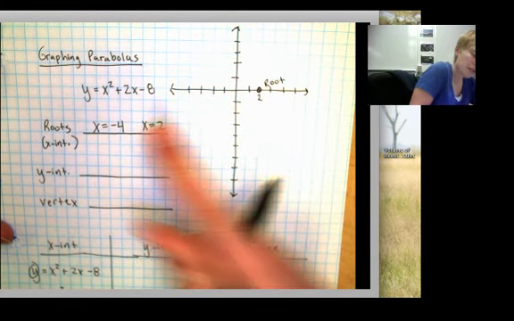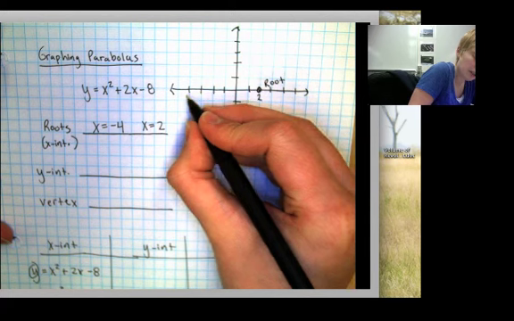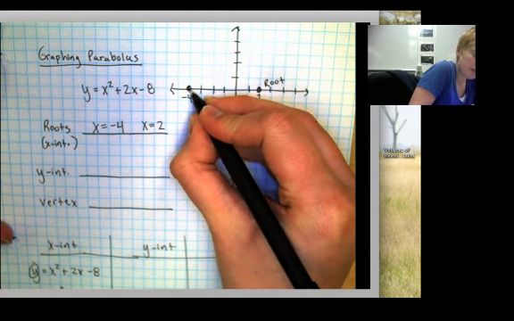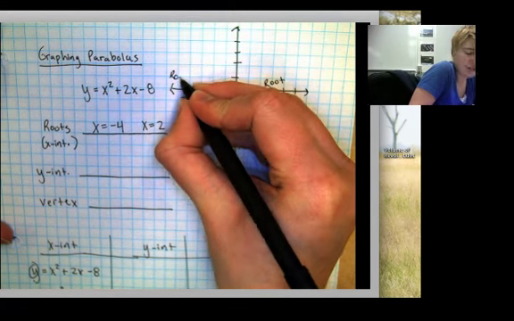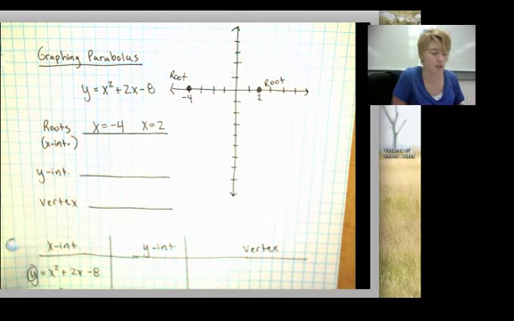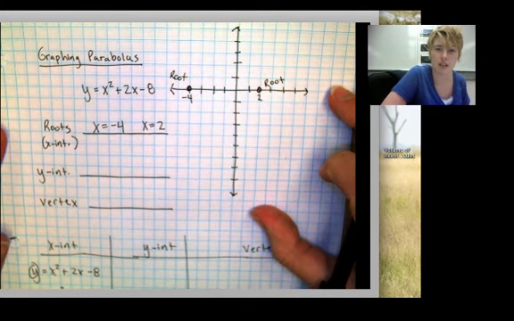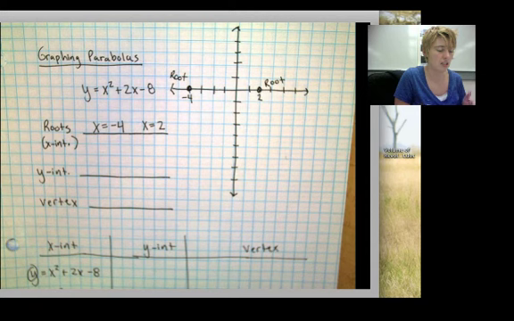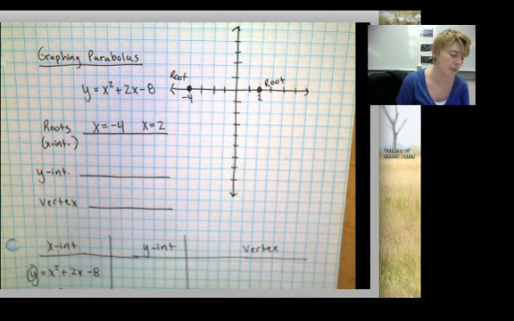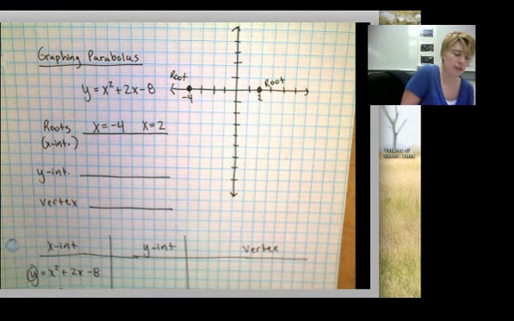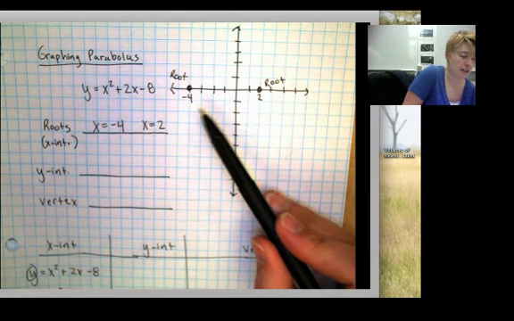And at negative 4, that's 1, 2, 3, 4. Negative 4 is over here. That's my other root. So if you need to pause the video so you can catch up and get your graph set up, go ahead and do that because we're starting to get some of our pieces to put together. Feel free to pause whenever you need to. We have a root at 2 and a root at negative 4.